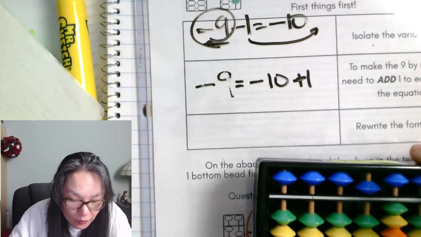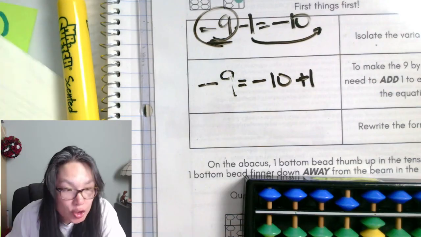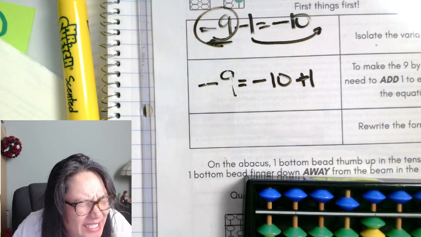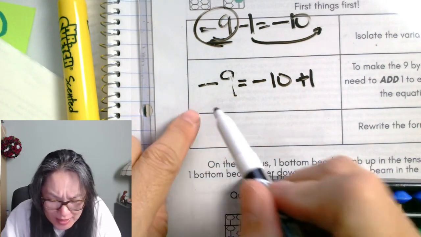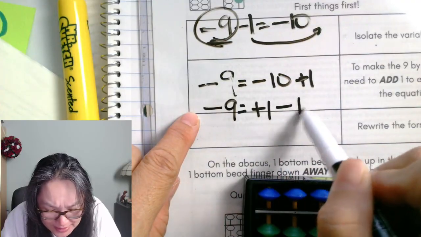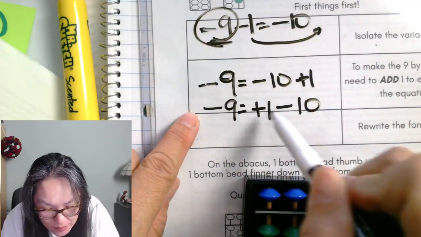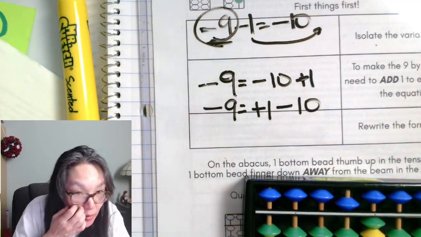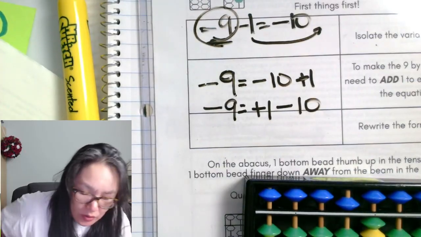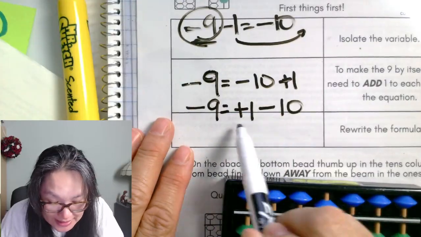Now, before I go on, we have another thing called the commutative property, which means that if I do minus the 9 is equal to plus the 1 minus the 10, this is exactly the same. It doesn't matter if the 10 goes first or the 1 goes first. This is a math terminology that's being used, and that was the one thing I needed to figure out.